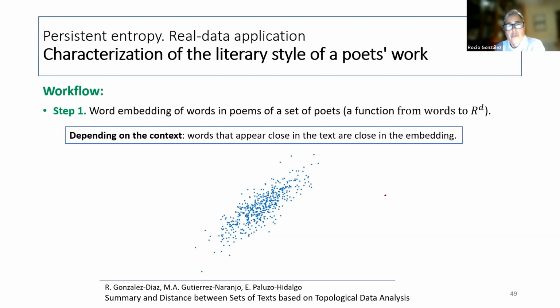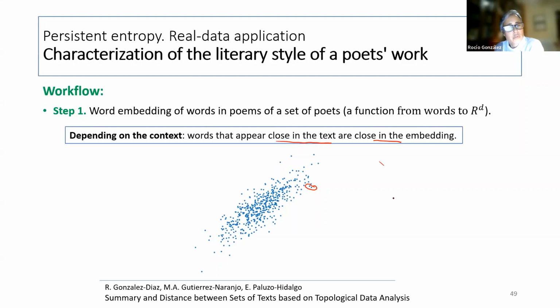For example, I think we used word2vec. And the key idea of this word embedding is that words that appear close in the text are close in the embedding. So if these 2 points are close here, it's because they represent 2 words that are close in the points that we use to feed the neural network.